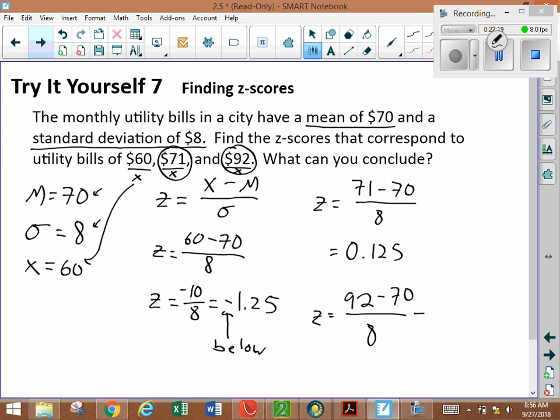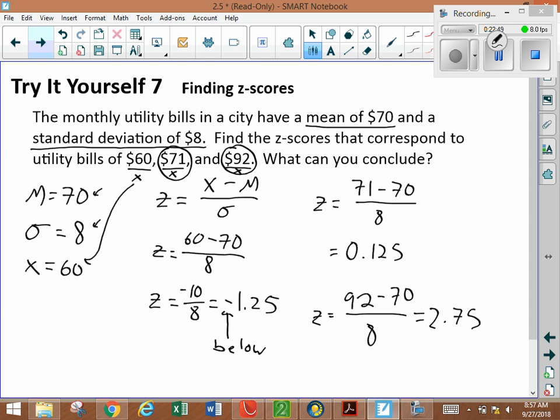We'll see what that is. 2.75. So what does that mean? It means that a utility bill of $92 is 2.75 standard deviations above the mean.